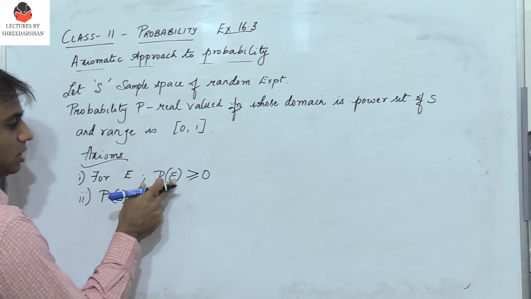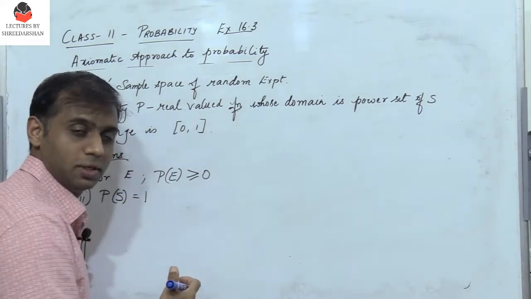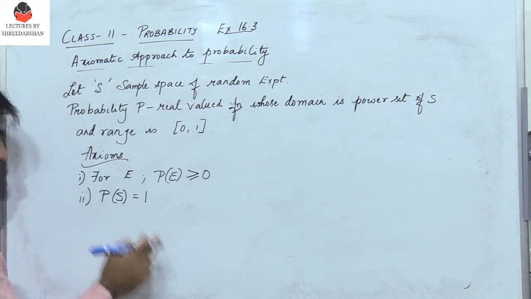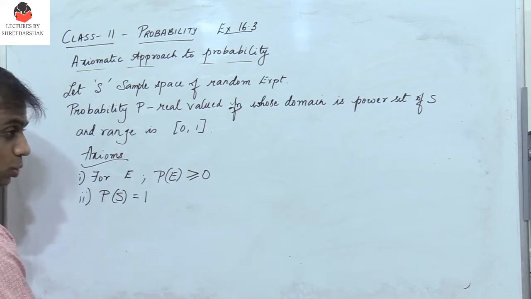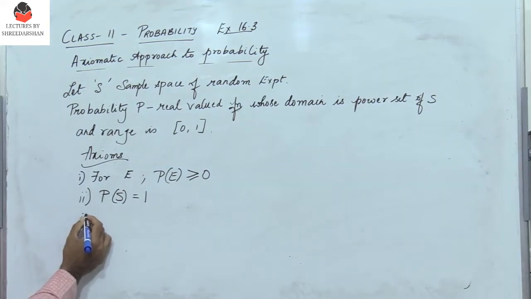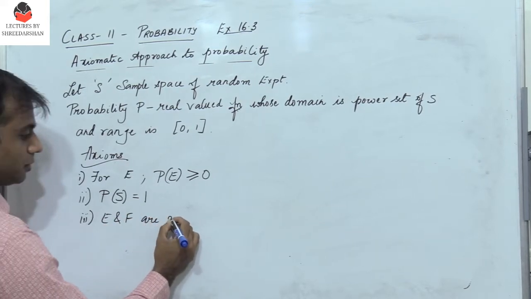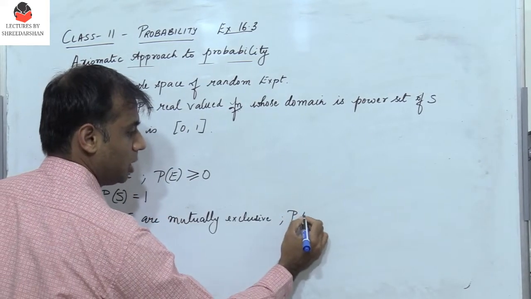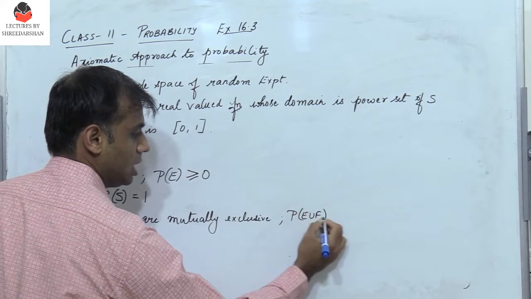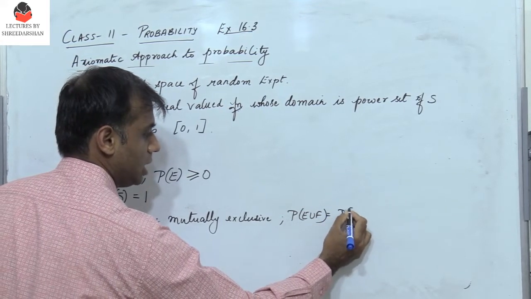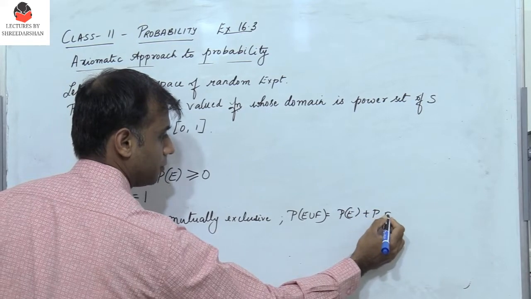So we define that the event E is a subset of the sample space, and hence the probability of the sample space is equal to 1. And the third one, if the events E and F are mutually exclusive, then probability of E union F equals P of E plus P of F, right?